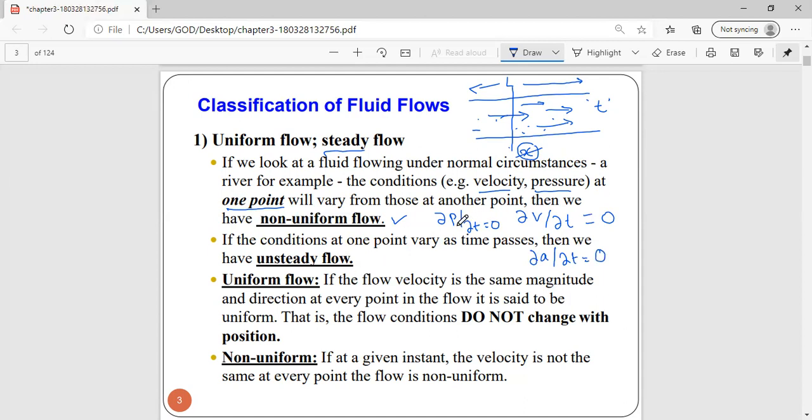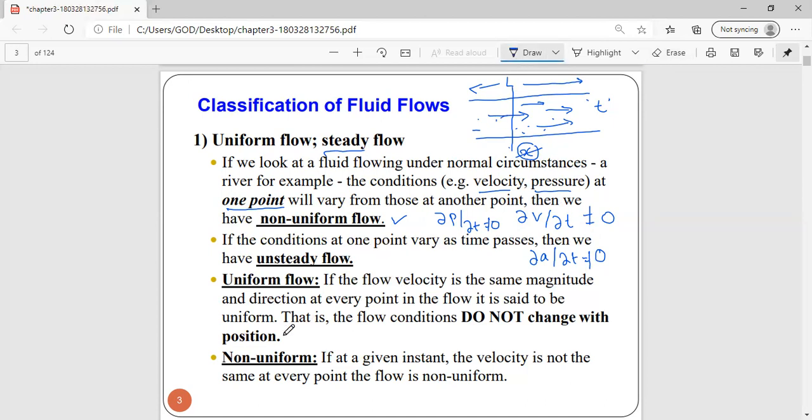If your pressure, velocity, acceleration, such components are changing with reference to time, that means the partial differentiation is not equal to 0, then we call that flow unsteady flow. If the conditions at one point vary as time passes, that means based on your time, if your conditions are varying, then we call it unsteady flow.